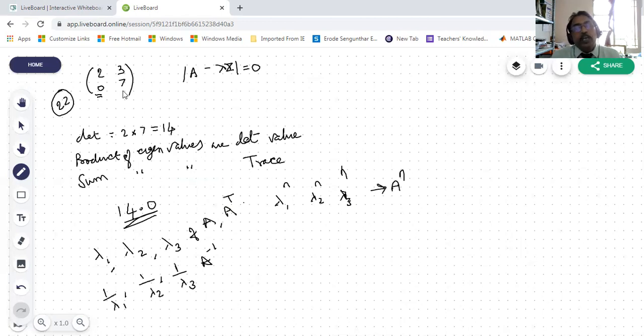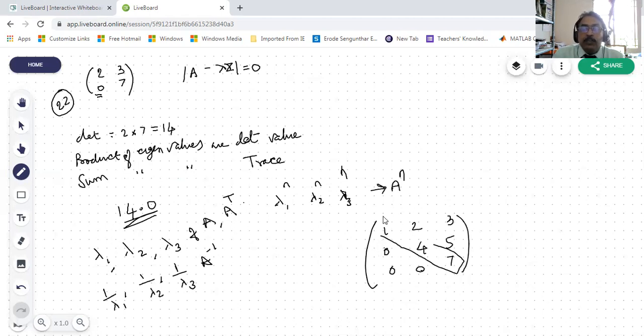If you have a question like 1, 2, 3, 0, 4, 5, 0, 0, 7, then the eigenvalues are 1, 4, 7. For a triangular matrix, the diagonal values are the eigenvalues. Likewise, you study all these things.